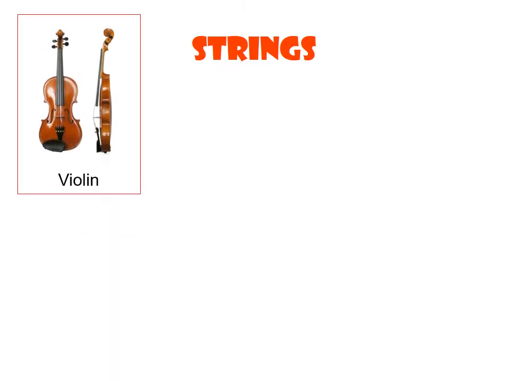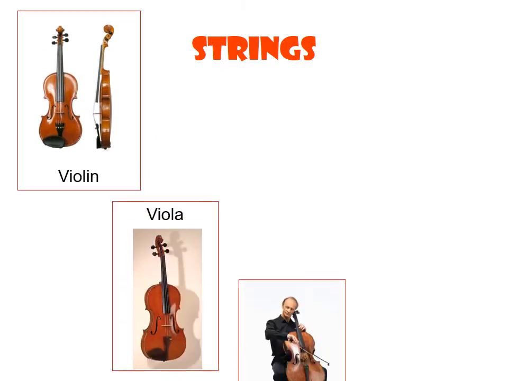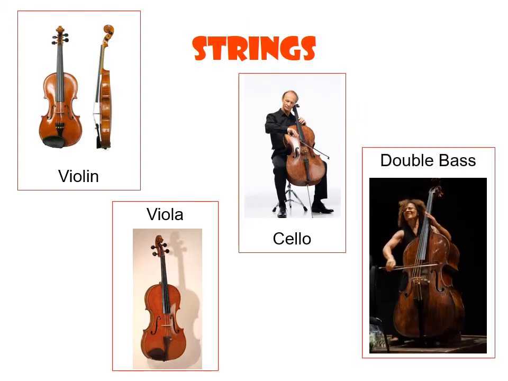Let's see a picture of each one individually. There we have our violins, violas, cello, and double basses. All four have curvy wooden bodies and long necks, and they all look very similar but are different sizes. The violin is the smallest and produces the highest sound, followed by the viola, which produces a slightly lower sound than the violin.